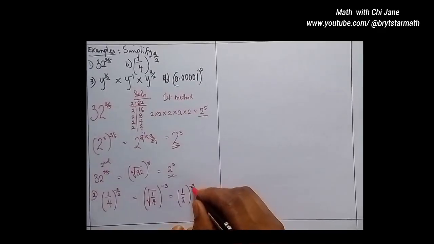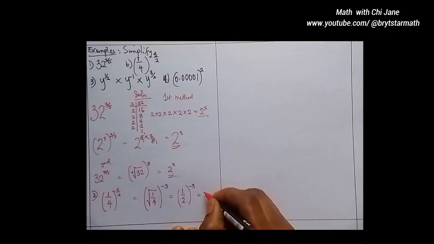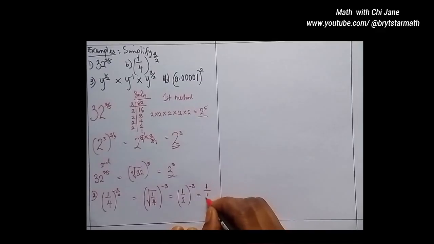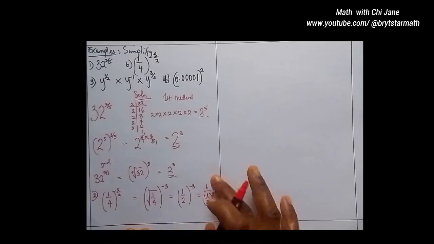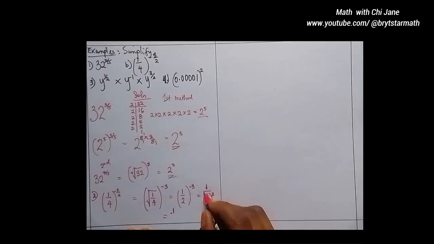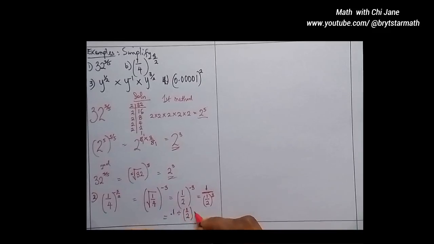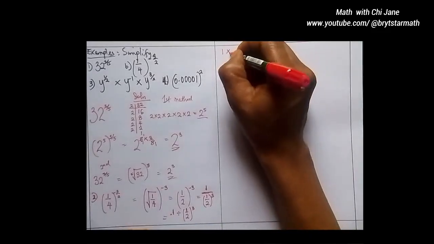So to get rid of the minus, you know that this minus 3 is for both numerator and denominator. So what we have here is 1 over 1 over 2, everything raised to the power of 3. I like to express it this way, where this over becomes divide: 1 over 2 raised to the power of 3.